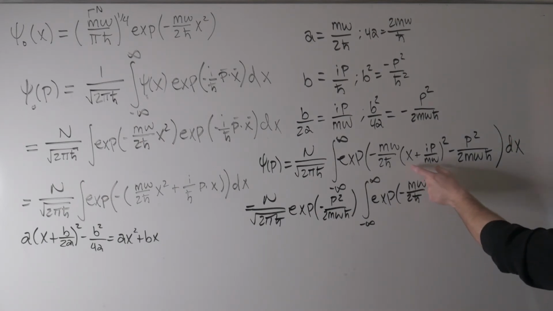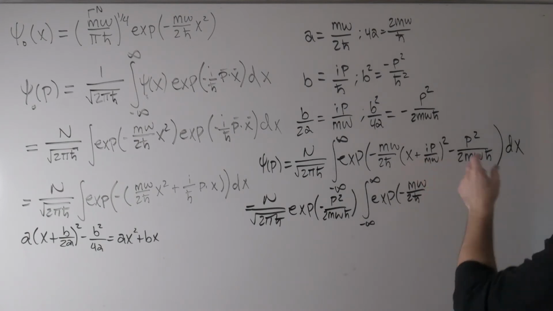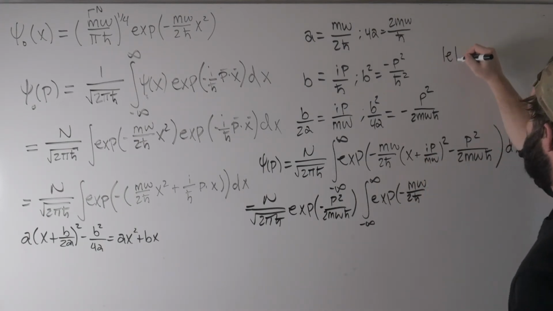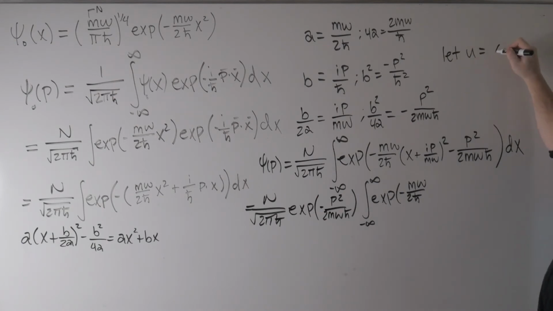And now what I'm going to do is a change of variables. We're going to let u equal x plus ip over m omega. Then du is still just equal to dx.